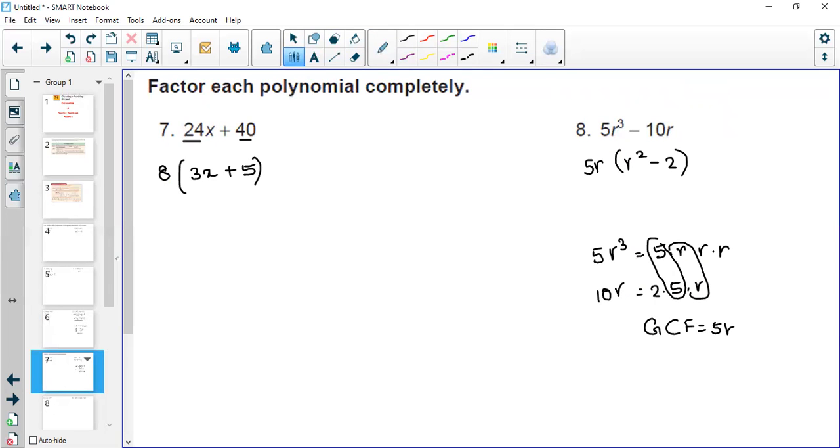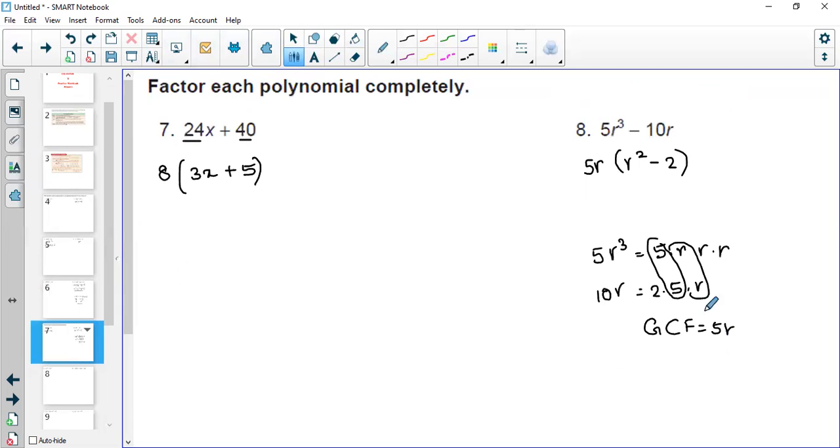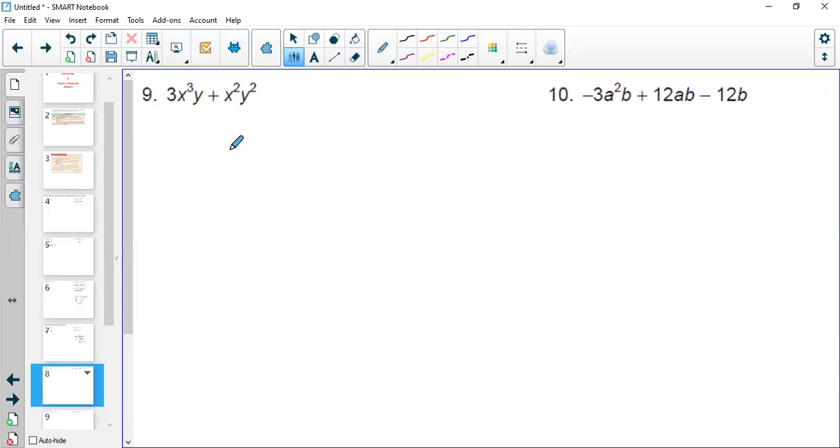It's easy, but needs very careful observation. Right, now let's move on to this. What do you think is the GCF of these two terms going to be? If you do it in detail as we did here, the GCF is going to be x squared y.